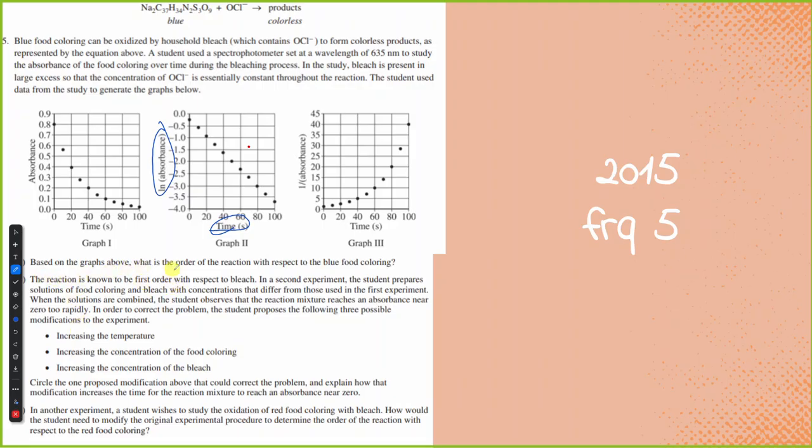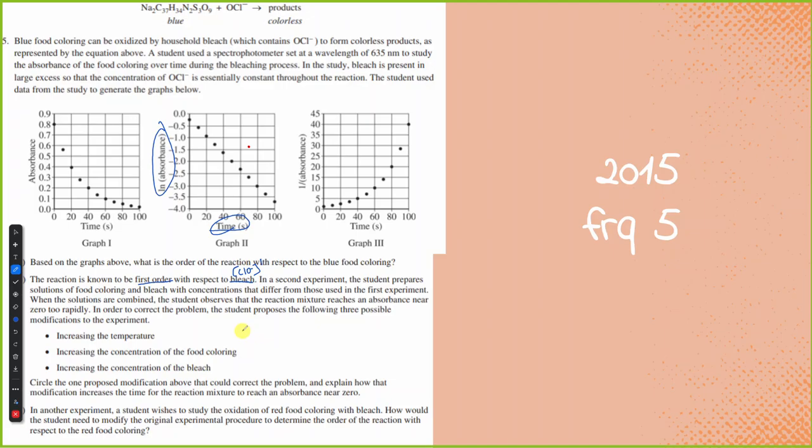Now it says the reaction is known to be first order with respect to bleach. So we know now this is the blue dye, because the one that's being absorbed is going to be the blue dye, since it's the one that has a color that's going to fade. But bleach, they're also telling us that one is first order, so that one would be like a 1 there. Second experiment, the student prepares solutions of the food coloring and bleach with concentrations that differ from those in the first.